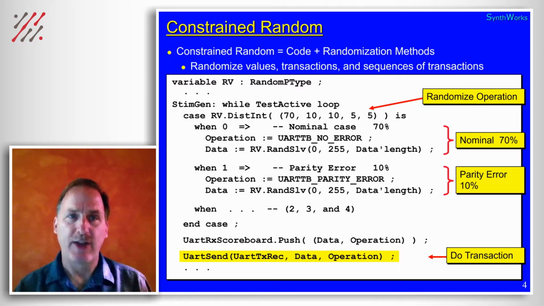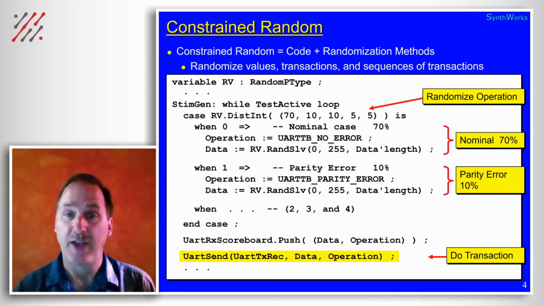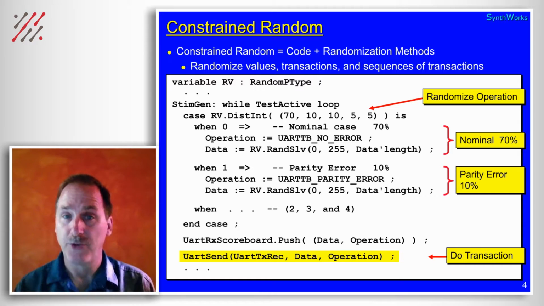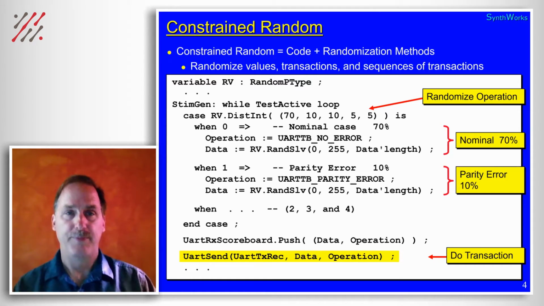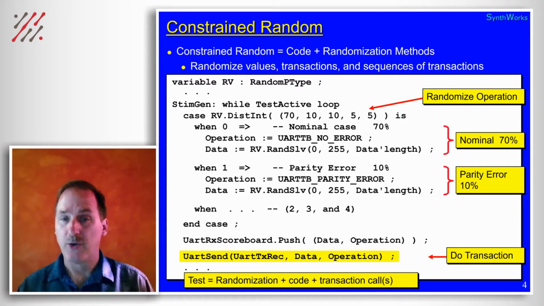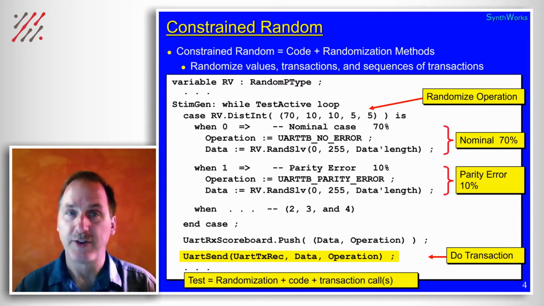When I have transactions like this, I can either do my transaction here at the end, or I can do my transactions within the case statement itself, whichever makes the best sense. Me, I'm just trying to write the simplest, most readable code. So here again, the randomization plus the code plus the transaction calls is what makes our constrained random test.